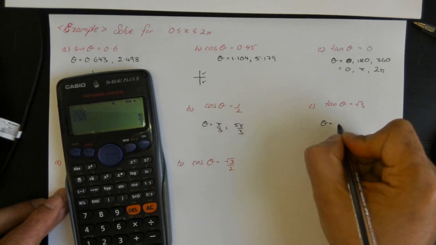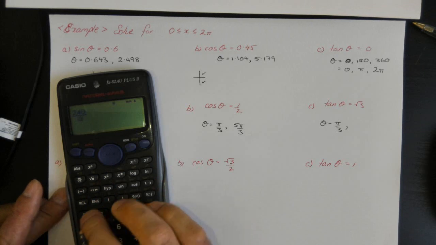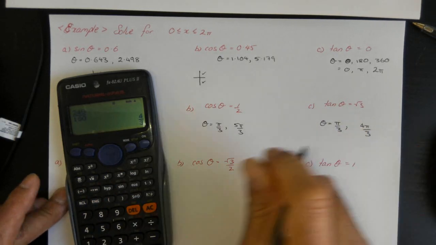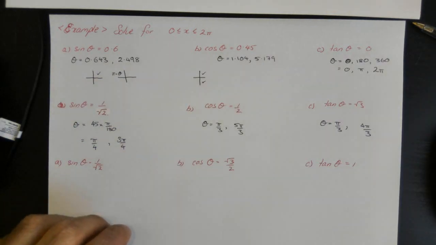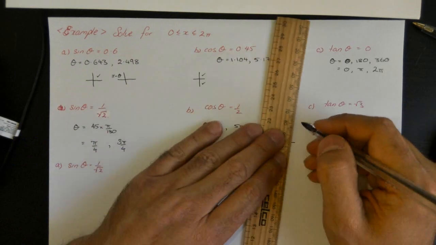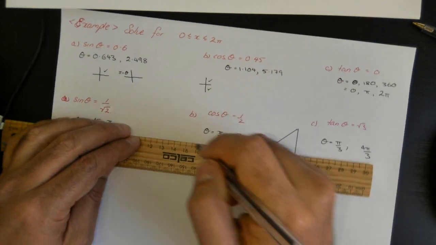So that's pi on 3, and 240 is 4 pi on 3. Now, that's using the exact triangles. Let's quickly draw some.